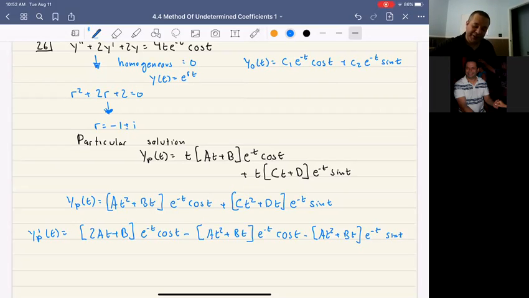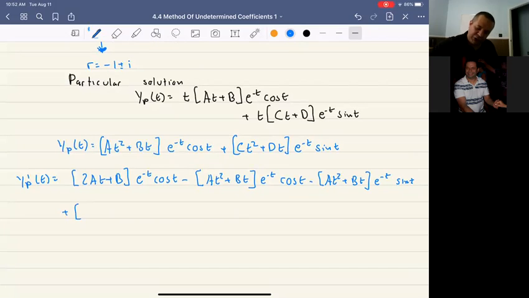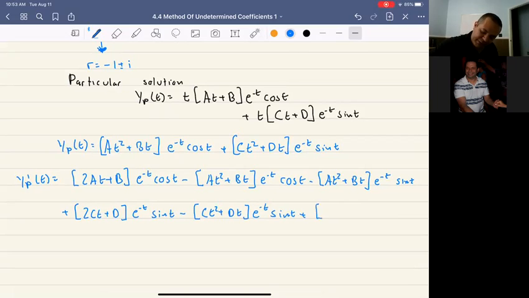That's just the part that comes from this part. Now we got the c terms, so plus (2ct plus d) e to the negative t sine of t minus (ct squared plus dt) e to the negative t sine of t plus (ct squared plus dt) e to the negative t cosine t.